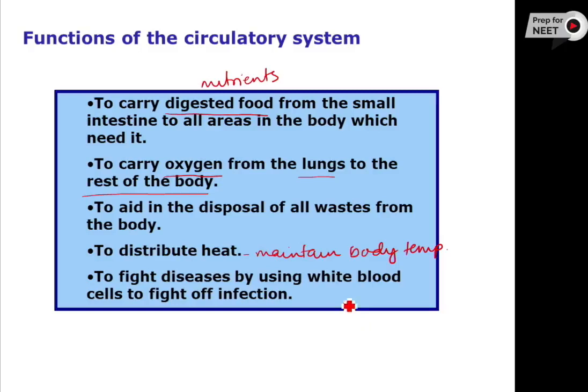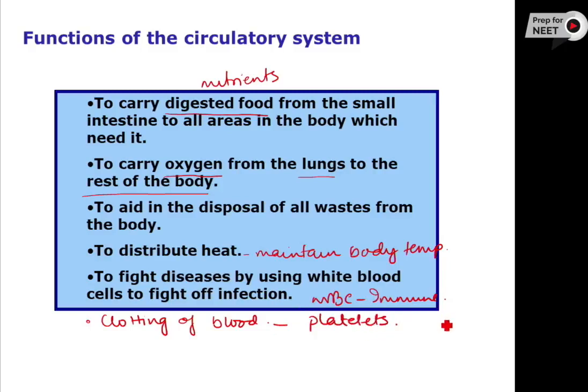We know the white blood cells form part of the immune system. And also for the clotting of blood. So this is the function of the circulatory system. Clotting of blood is maintained by the platelets.